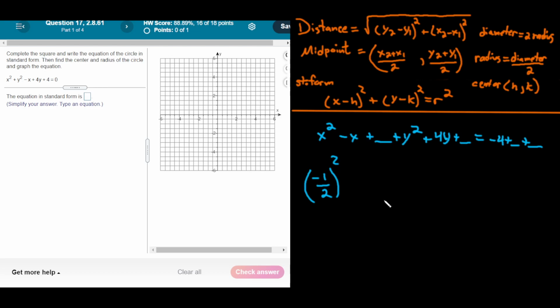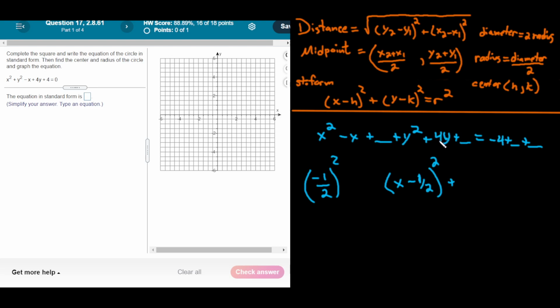Even before I put this here in a space, to save you some time, and this is a pretty naughty practice, this is going to be -1 over 2. So as a shortcut, whatever this is here, before you raise it to the second power when you're completing the square, that's what's going to go right here. Don't worry, we're going to do it the right way, but I just want to show you that shortcut: whatever half your b is, that's what's going to go over there.